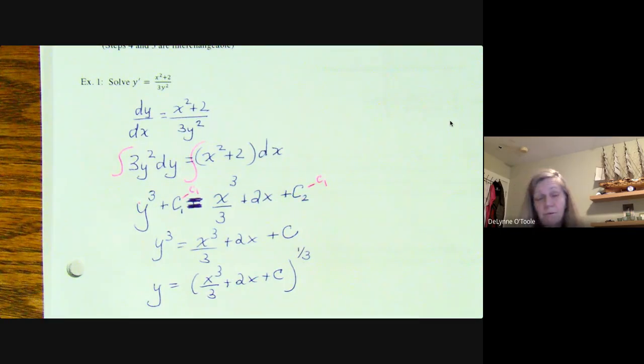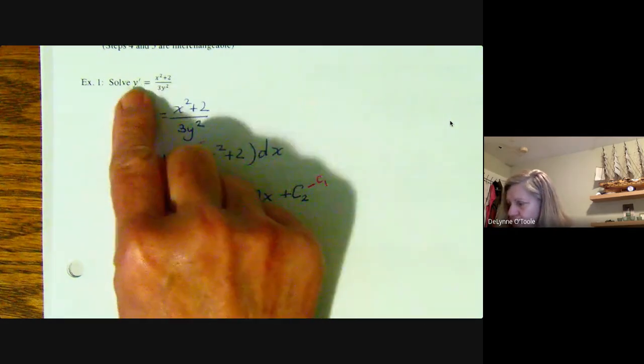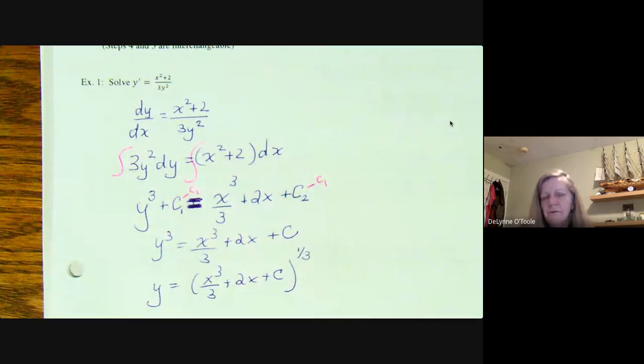But if you wanted to prove to yourself that that does work, you would substitute y into the denominator here. You'd find y prime and substitute it in there and see if it made that differential equation true. So you can check your work on these, okay? But if you're good at integrating, it's not necessarily necessary to check your work. Okay. All right, any questions there?